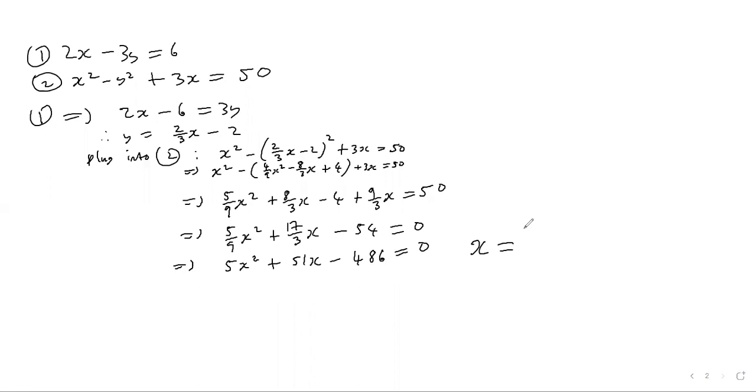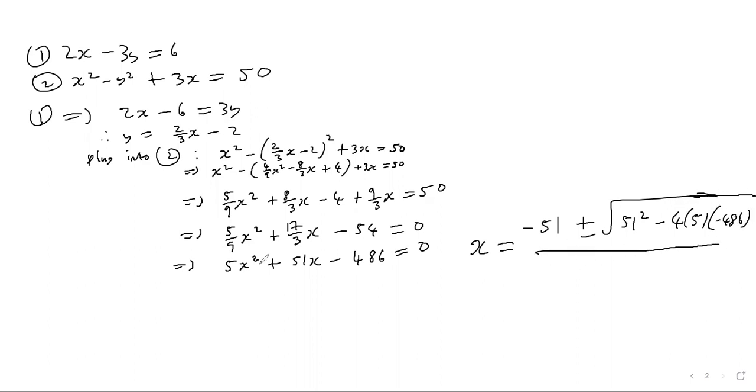If we use the quadratic formula, we get negative 51 plus or minus the square root of b squared, so 51 squared minus 4 times 5 times negative 486 under the square root sign, and this is all divided by 2 times a. The a is 5, so 2 times 5, which is 10. Now I'm just going to put the surd into my calculator: 51 squared, and then subtract 4 times 5 times negative 486.